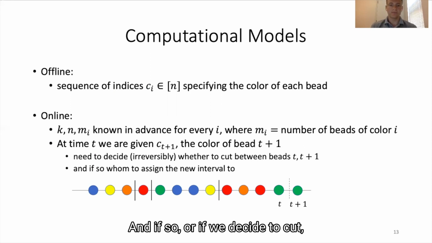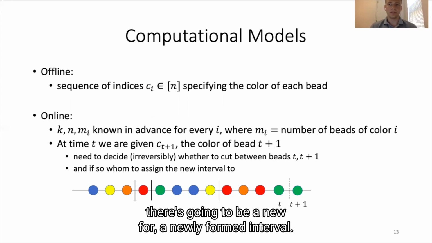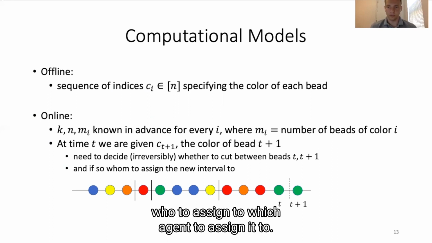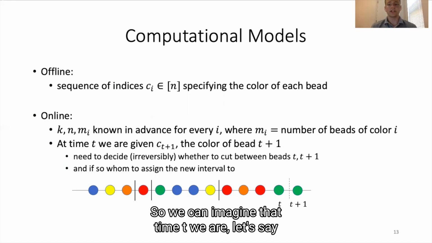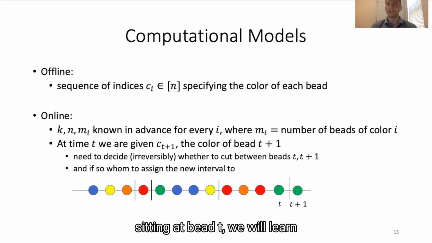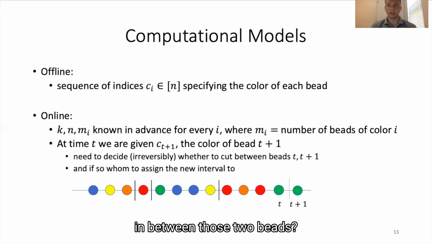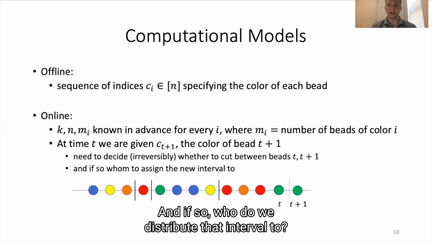And if we decide to cut, there's going to be a newly formed interval, and we have to decide on the spot which agent to assign it to. So we can imagine that at time t, we are sitting at bit t. We learn what bit t plus 1 will be, and then we decide, do we cut right in between those two bits, and if so, who do we distribute the interval to?